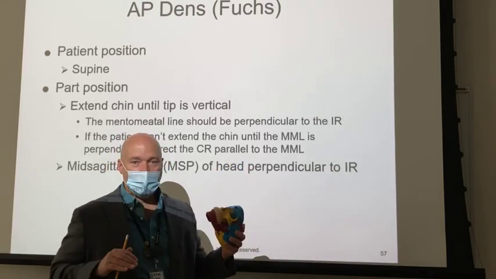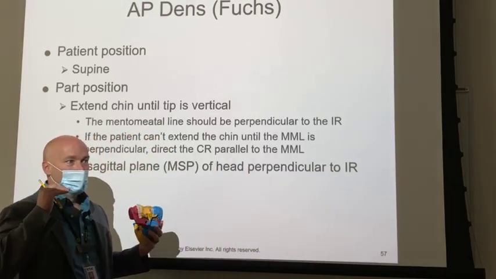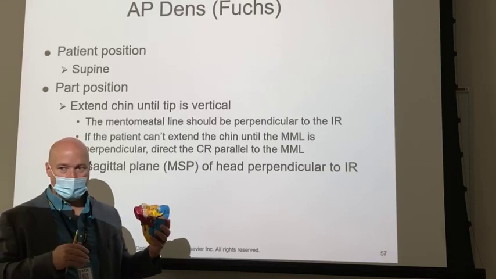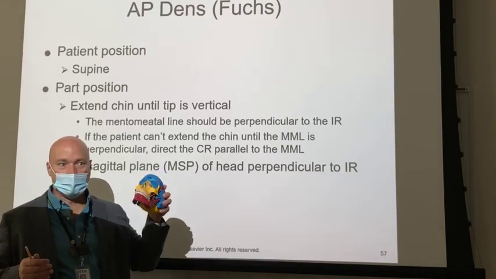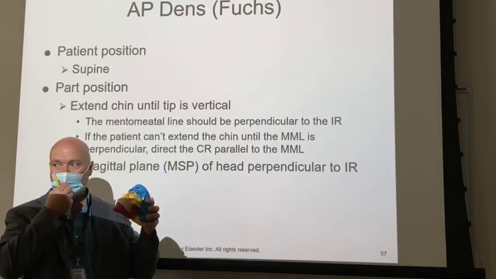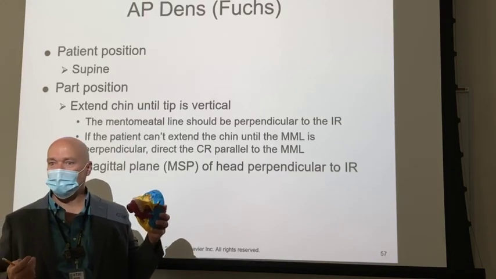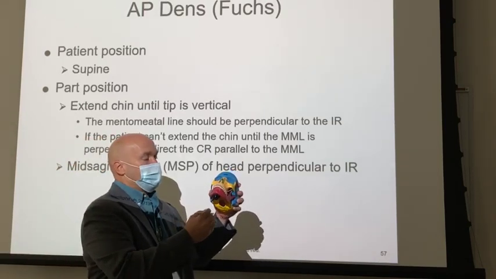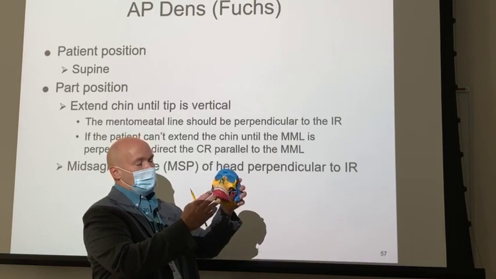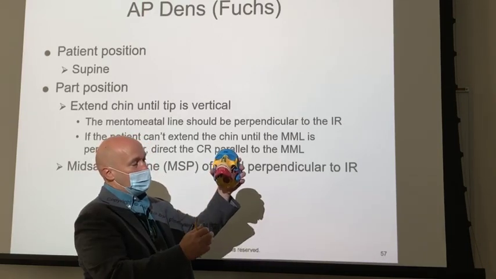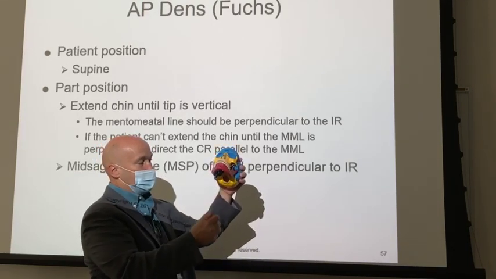It does not matter from that point what you do with the skull and the flexion and extension of the neck. If those two things are perfectly aligned, you're just not going to get it. Okay? So what you can do is align, in this case, the mentomeatal line with the image receptor.